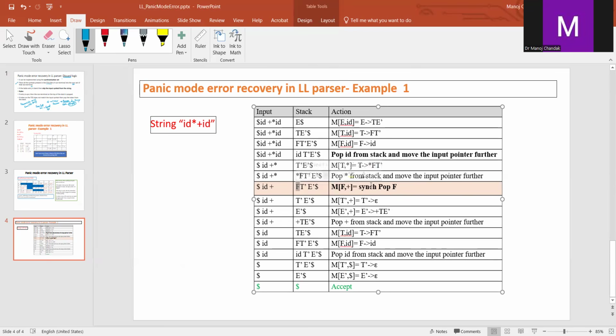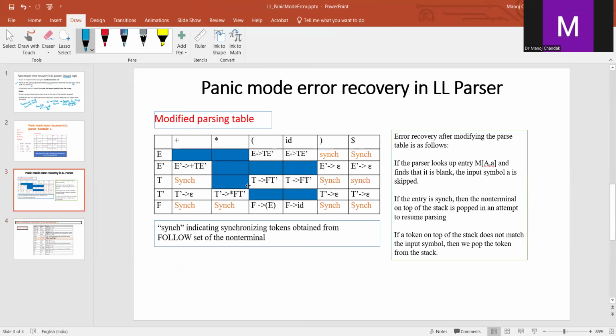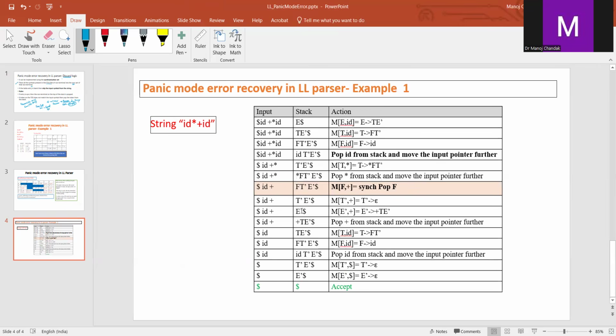This is the important point which everybody should understand and note. Then the parsing continues with T dash and plus. T dash with plus is epsilon, so replace that with epsilon. E dash with plus is continue. In this way, the parsing continues further even if there is an error.